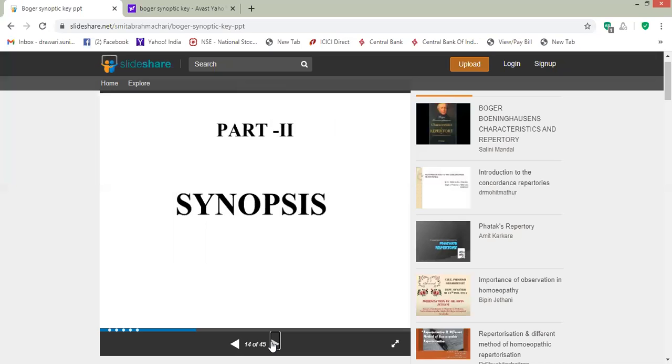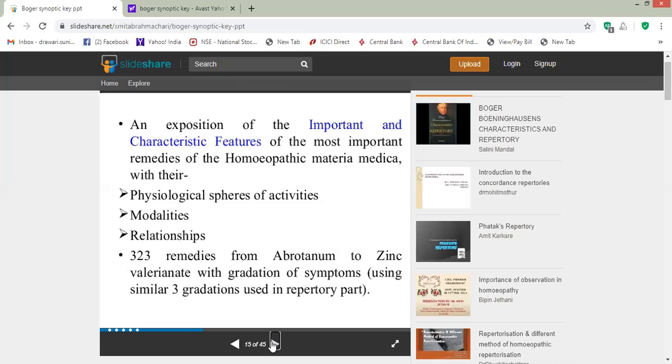Then the second part is synopsis, an exposition of the important and characteristic features of the most important remedies of the homeopathic materia medica with their physiological spheres of activity, modalities, relationships. It was given.